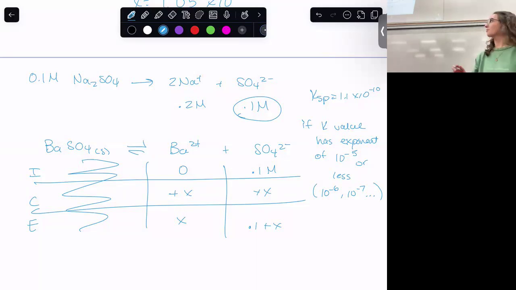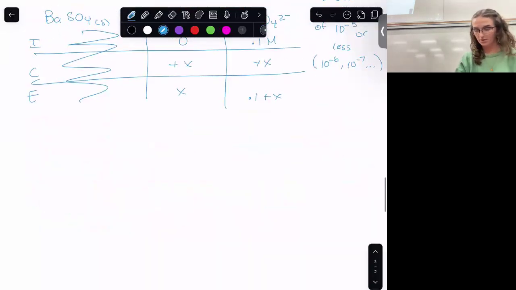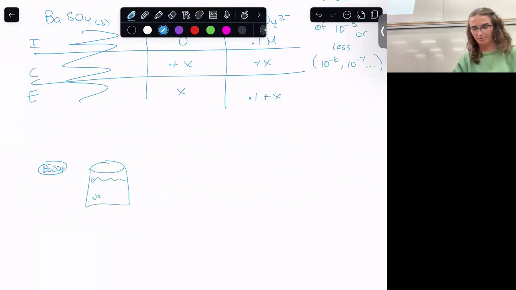We have our solid of barium sulfate, but this time our beaker, instead of being water, has Na plus ions, but it's the same because this is still dissolved in water. It's not dissolved in methanol or some organic solvent. It's still dissolved in water for the ions there. So they first dissolved sodium sulfate in water? Yes. They made a solution of the sodium sulfate first, that's 0.1 molar, and then they put the barium sulfate in it.